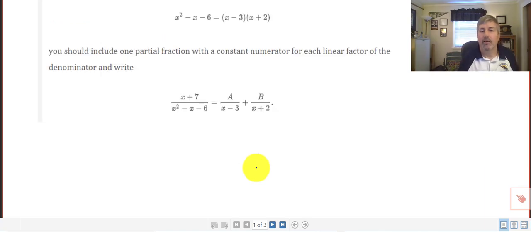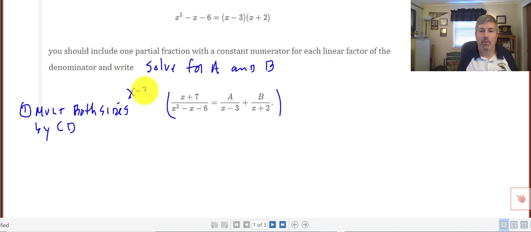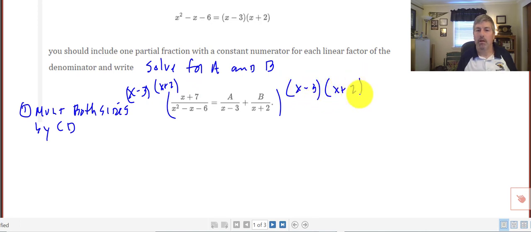So our process in order to solve for A and B, that's what we're going to need to do. The first thing we're going to do in our process, one, we're going to multiply both sides by the common denominator. So multiply by x minus 3 times x plus 2 on the left, multiply by x minus 3 times x plus 2 on the right.